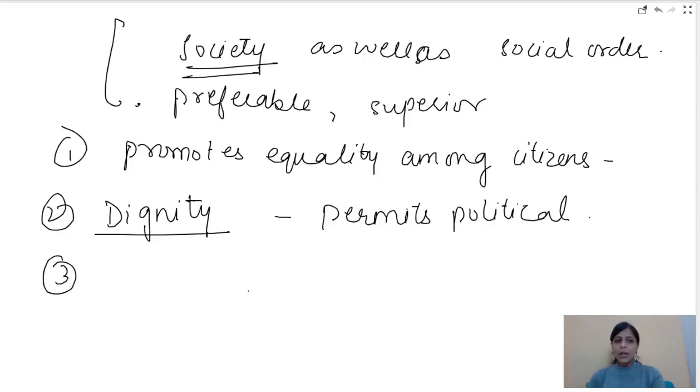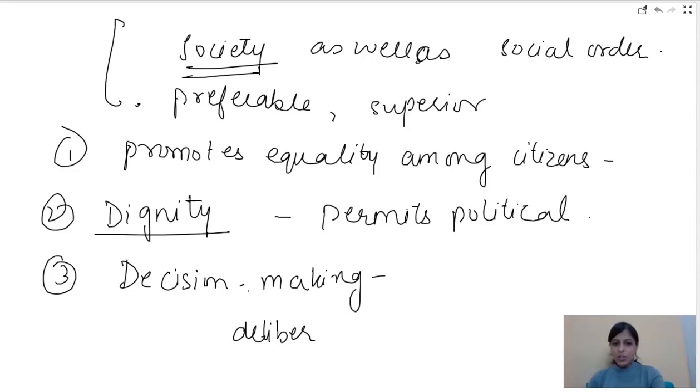Then the third point, it improves the quality of decision making. Yes, it improves the quality of decision making, because democracy is based on the principle of deliberation and negotiation.